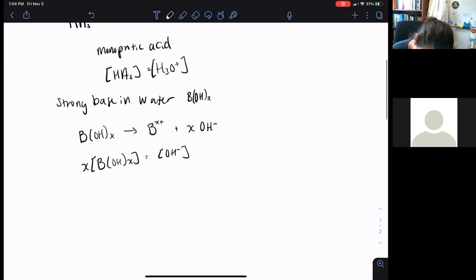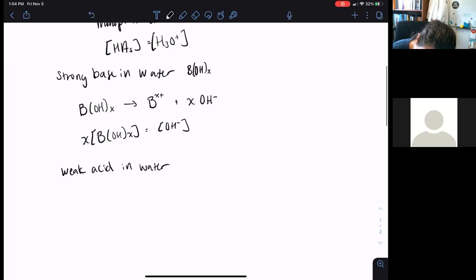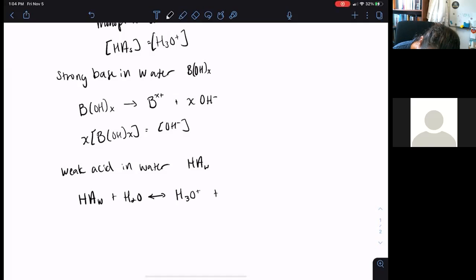When we're dealing with a weak acid in water, and we're going to call this HA(W), W for weak, when it reacts with water, it will partially hydrolyze. And then there'll be some amount that is going to be in solution.